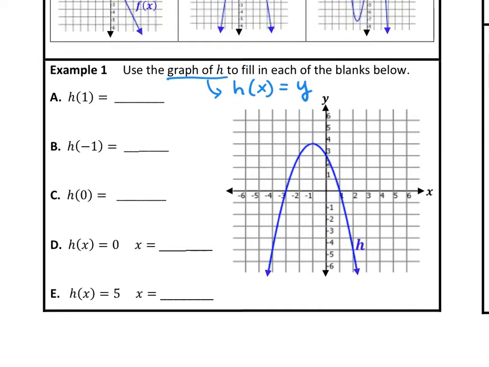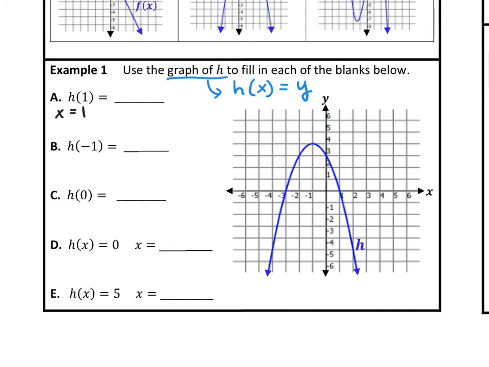Okay, so let's look at the first example. It says h of 1. We might interpret it as, oh, well, that means that x equals 1, because the number inside the parentheses is x.